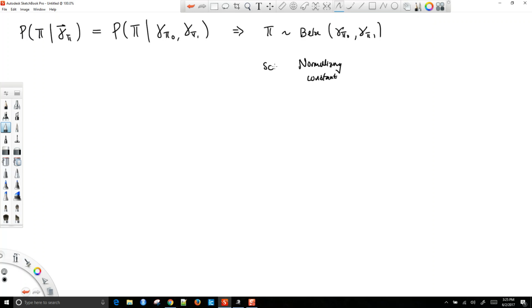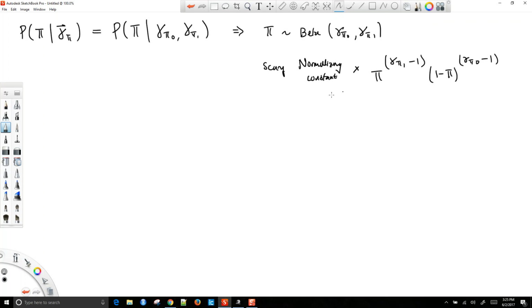Scary normalizing constant, times pi raised to the gamma pi 1 minus 1, times 1 minus pi to the gamma pi 0 minus 1.